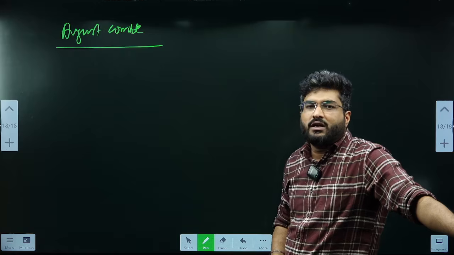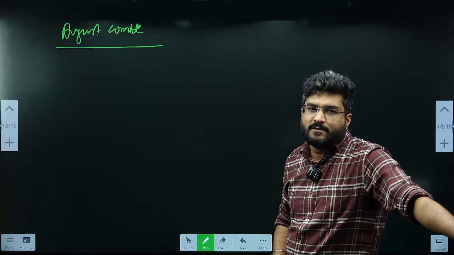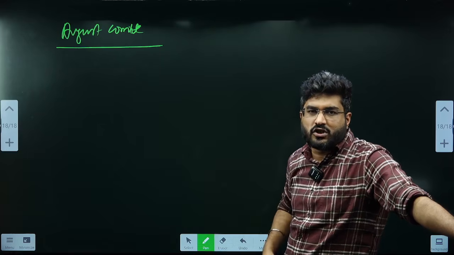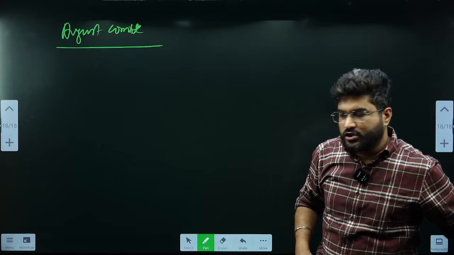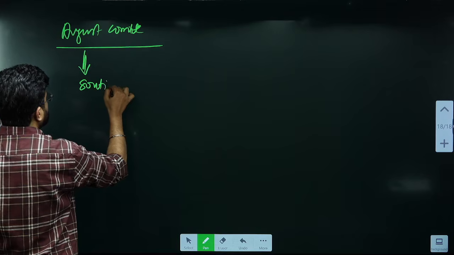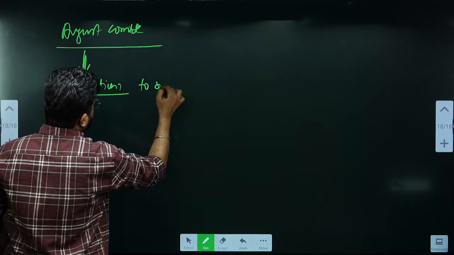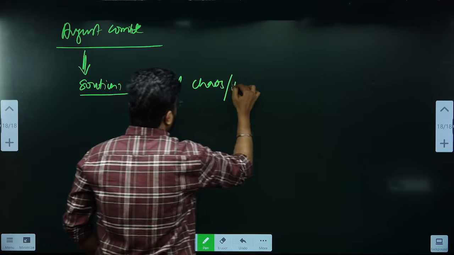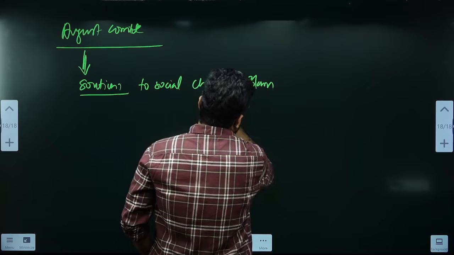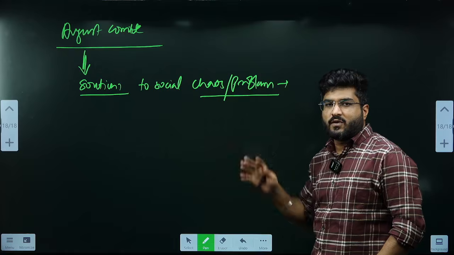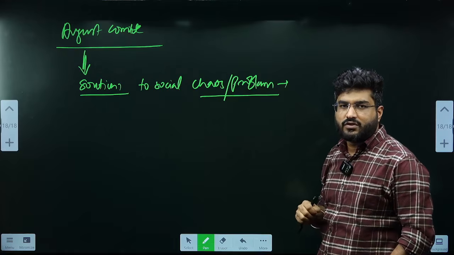Now we need to find solutions. So he was one of the prominent personalities, the first persons who talked about the need to find solutions to the social chaos or problems which society has been seeing because of the changes from the Renaissance period to the Industrial Revolution.